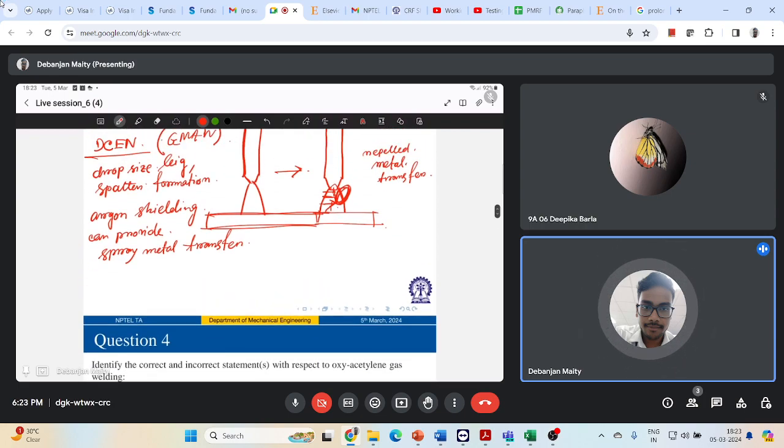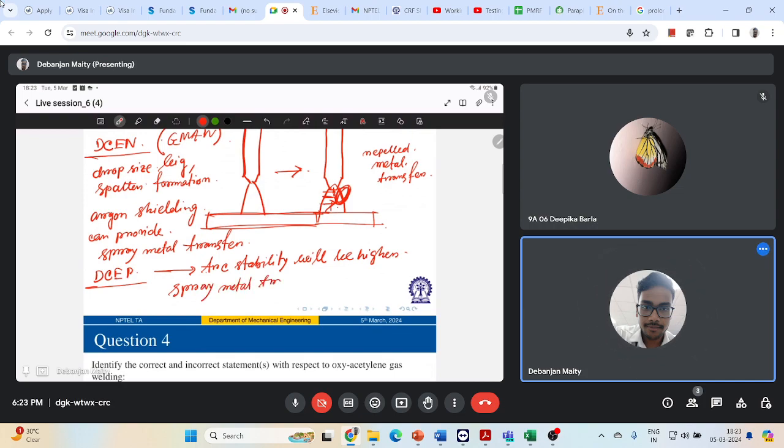So if I am using DCEP, my arc will be more stable, arc stability will be higher. And I will end up with something called spray metal transfer, right? Where my droplets will be very fine.